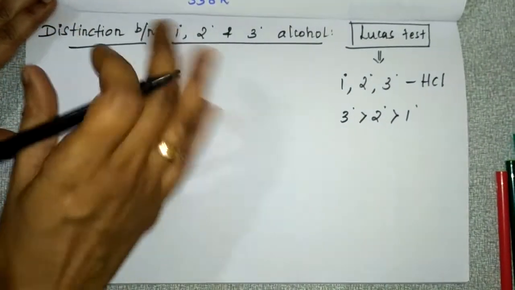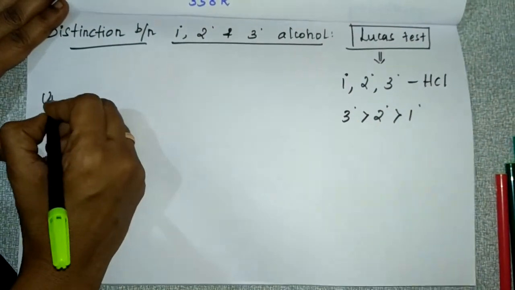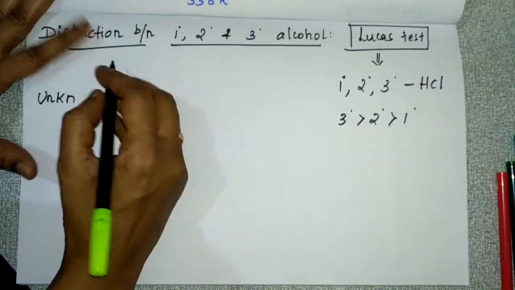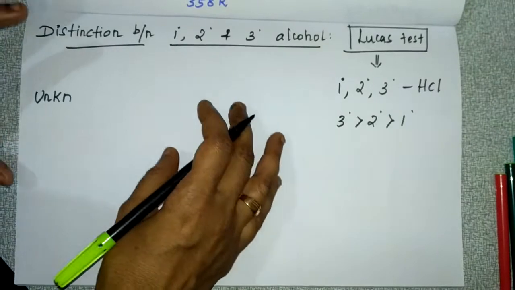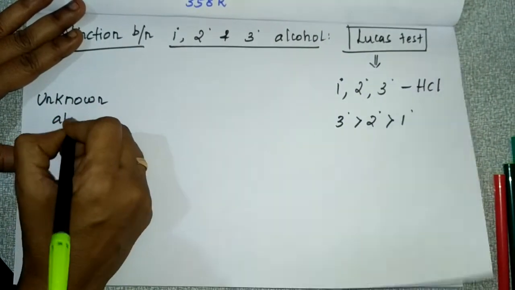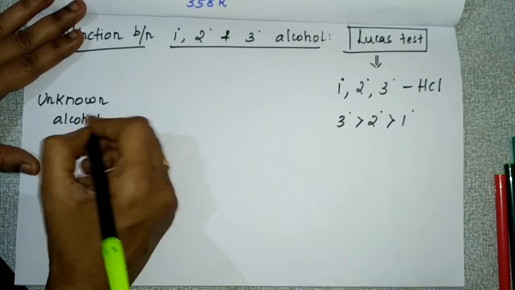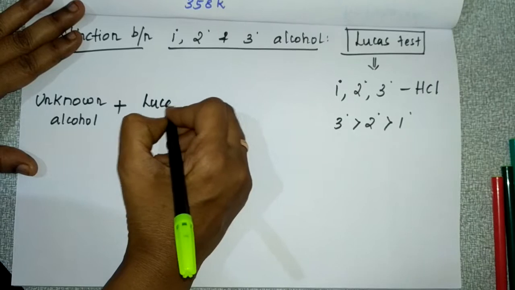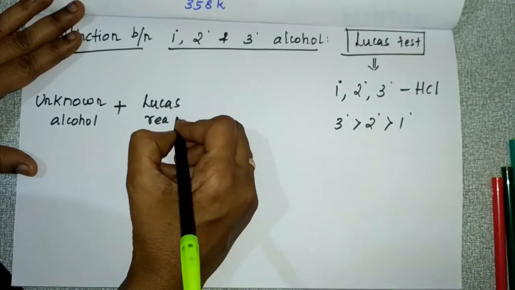First, you have to take an unknown alcohol, and to this unknown alcohol you add Lucas reagent.